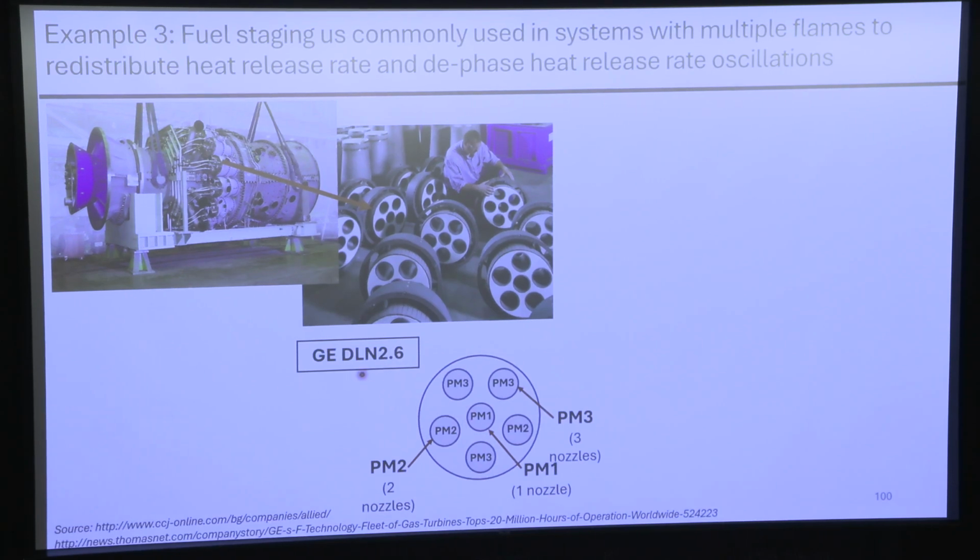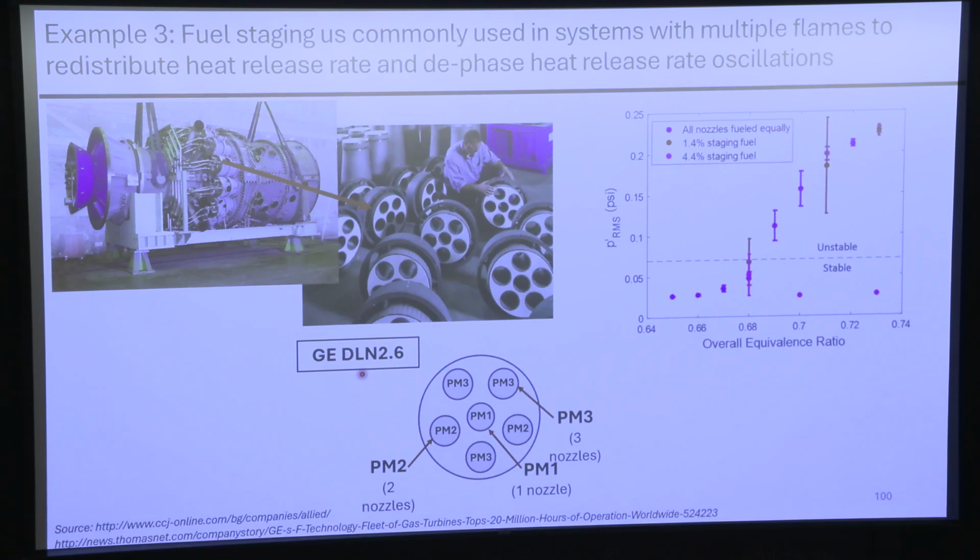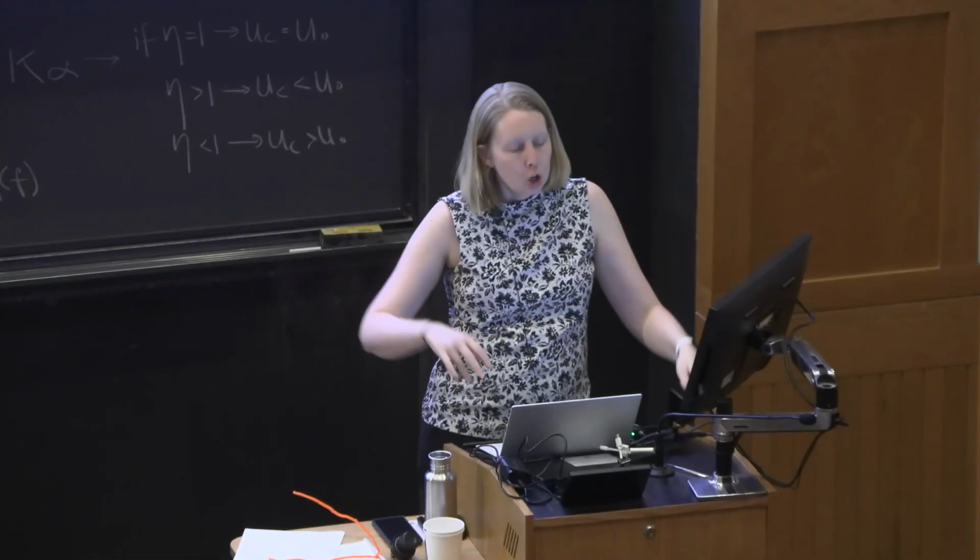The DLN 2.6 is the type of combustor geometry. We have a similar experiment in my lab, and I'll show you what it looks like in just a second. But by redistributing the fuel between nozzles, keeping the global equivalence ratio constant, you can really suppress the instability.